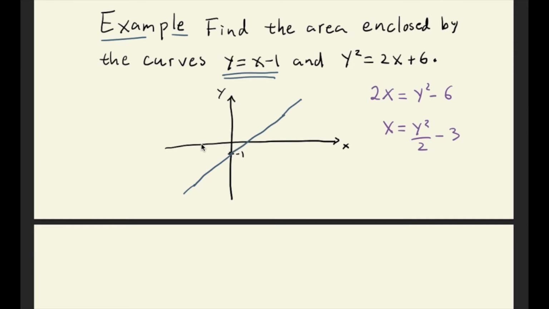So it's somewhere over here, so this should be negative 3. And then it just opens up just like a standard parabola. It kind of looks like this, right? If you tilt your head, it looks just like a normal parabola, and this negative 3 kind of pulls it down in the x-axis. So that's what it looks like.